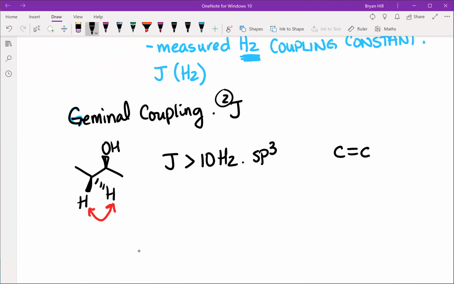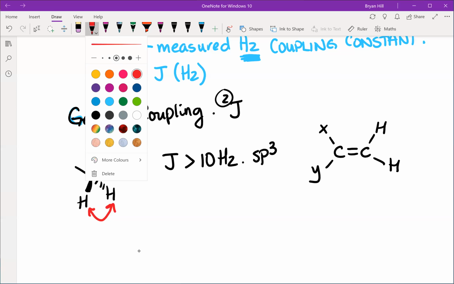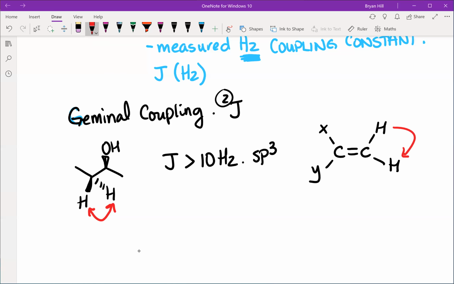A geminal coupling for an sp2 hybridized carbon would be something like these two protons sensing one another because they are not equivalent, because of the different substituents on this double bond. In those cases, these ones are kind of small. They tend to be less than 4 hertz. So with the sp2 hybridized carbon, this coupling is less, but with the sp3, this geminal coupling is quite large.